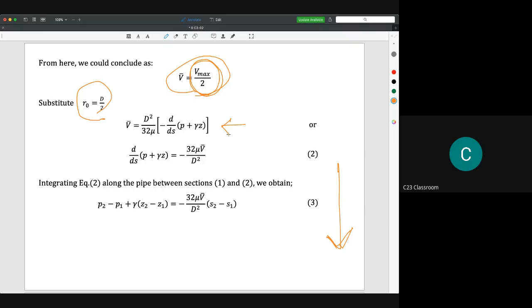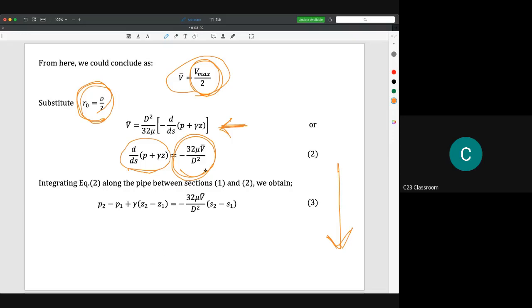So we use the terms in diameter, substituting R equal to D/2. Then we have that the differential of pressure and Z here will give us minus 32 mu velocity over D square. So what does this mean?